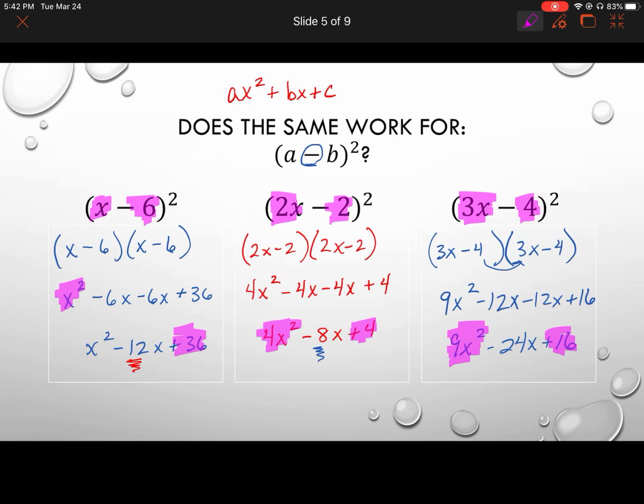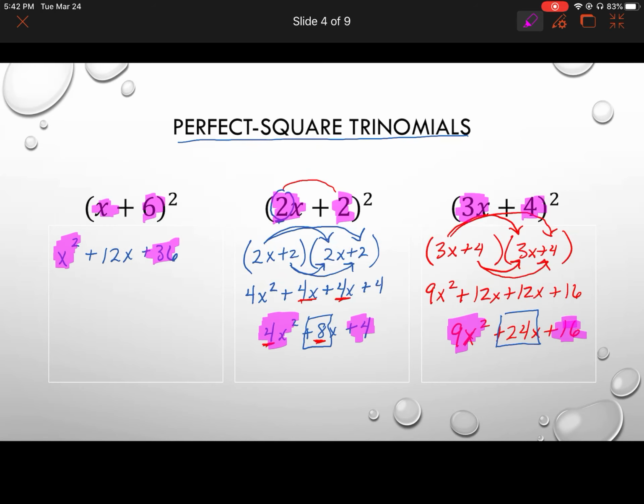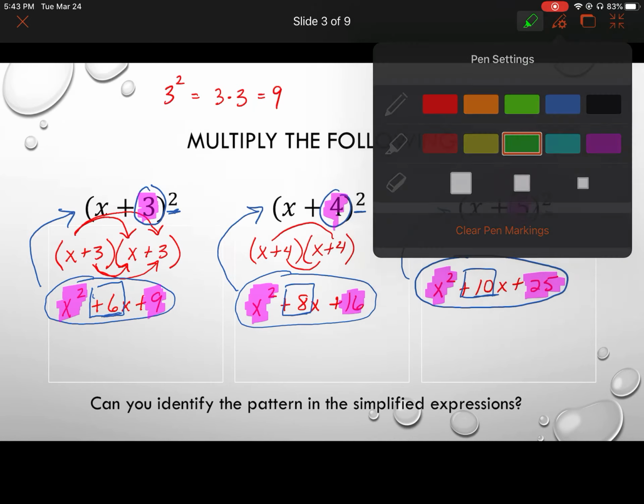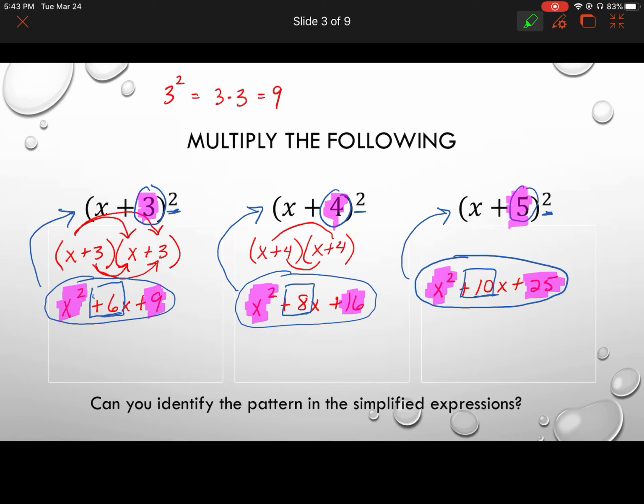Okay, so let's talk about the interesting part, and that is the middle term. When we look at the middle term, we already know that they're even. So what does it mean to be even? Hopefully you remember it means that they're divisible by 2, right?